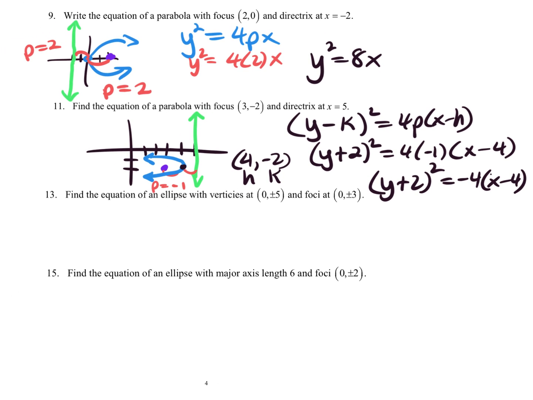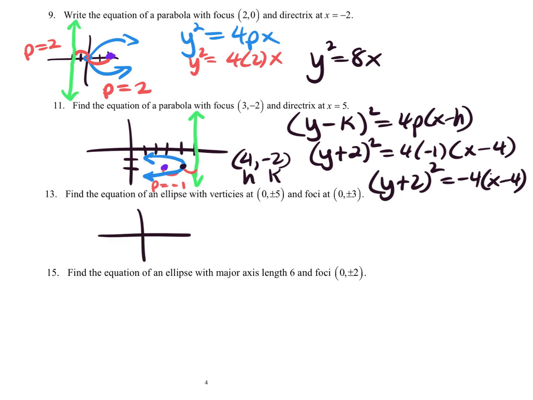So again, I'm going to give myself a visual. So I have vertices at 0, 5 and 0, -5. And then I've got focus points at 0, 3 and 0, -3. So you can already see that the center is going to be the midpoint of the foci and the midpoint of the vertices.